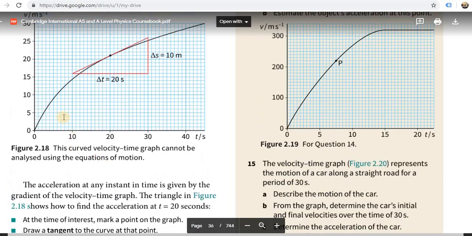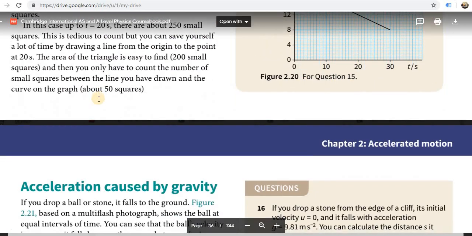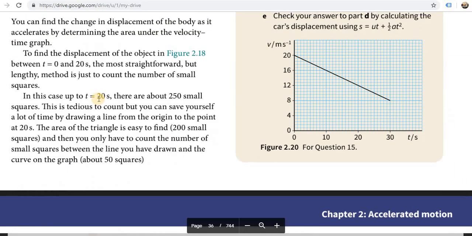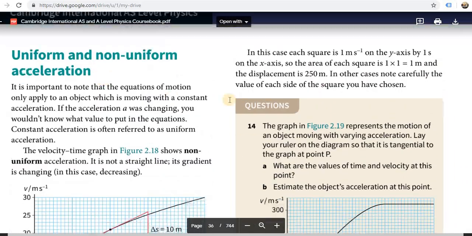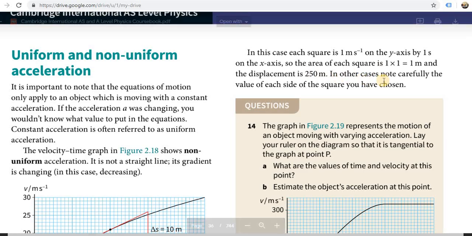So you draw a line from here to here, find the area of the triangle, and then count the area between the curve and the line. Add the two together, then you will get the answer. That is another way, but the way I told you is the best, the fastest way. Here is what they are explaining. In each case, this one square is this much, and then you will get the displacement.